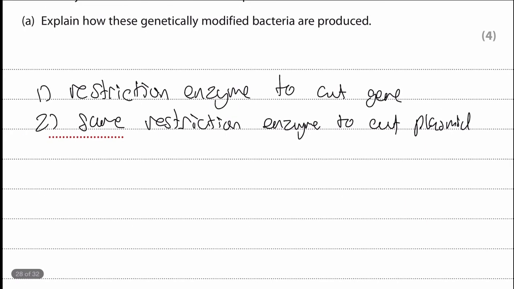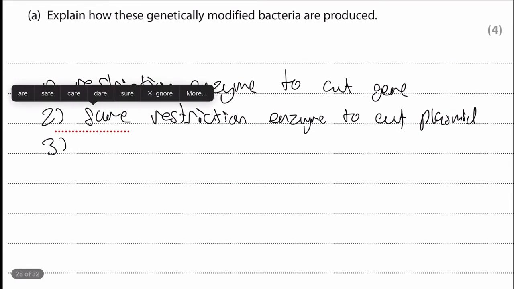We're going to see how we use it, but essentially we're using it as a vector, essentially a vehicle to transfer our gene to the bacteria. So cutting it with the same restriction enzyme, it basically allows us to attach the cut gene to the plasmid. If we use a different restriction enzyme, think of a Lego piece that doesn't fit with each other. It won't stick to each other. It just won't work. So that's why we use the same one. Okay.